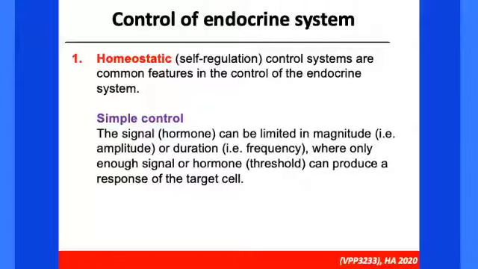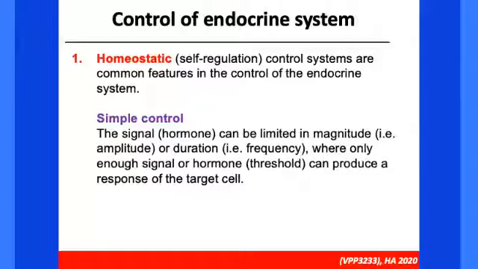In my lecture notes, homeostatic or self-regulation control systems are common features in the control of the endocrine system. I will give you some examples, for example negative feedback and positive feedback systems, and how homeostasis controls the physiological system.